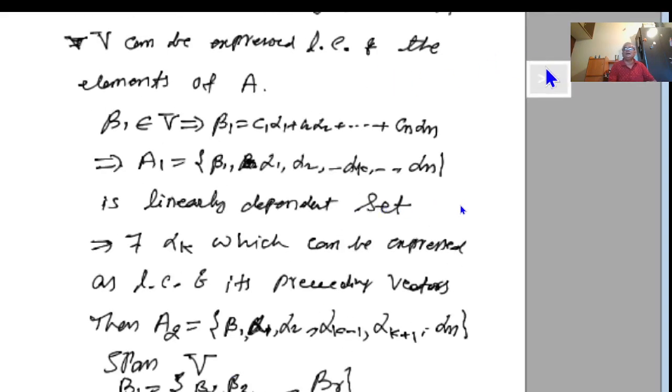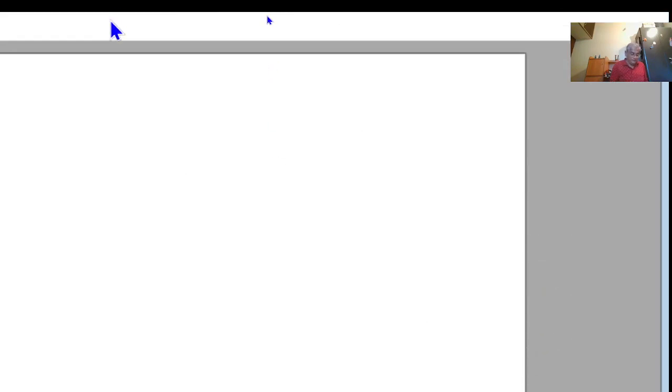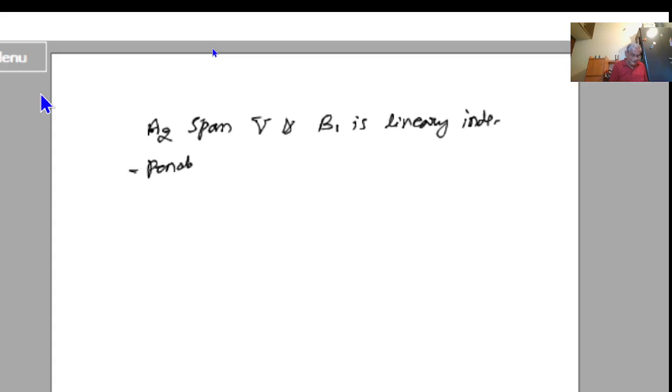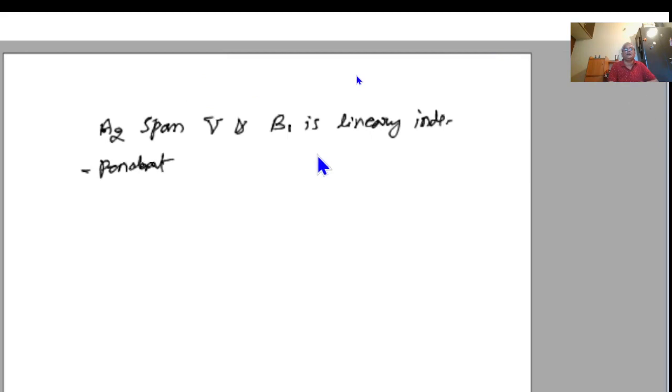With this idea, A2 spans V and B1 is linearly independent. Now again I will repeat the same procedure as in the first step.